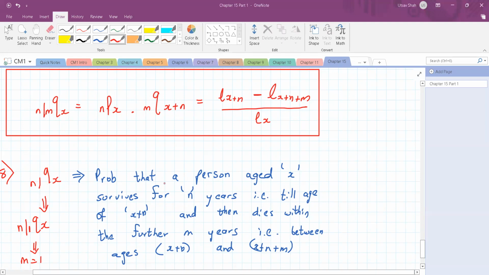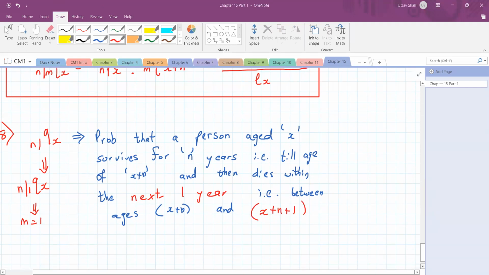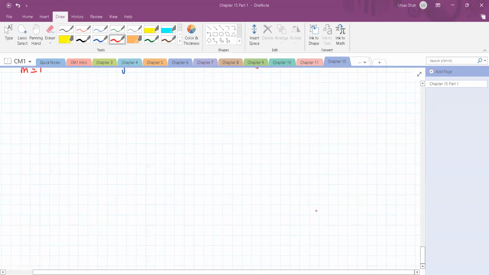So then it is the probability that a person aged x survives for n years, that is till the age of x plus n, and then dies within the next 1 year, that is between the age of x plus n and x plus n plus 1. So it's simply that now instead of m, we have 1 year.